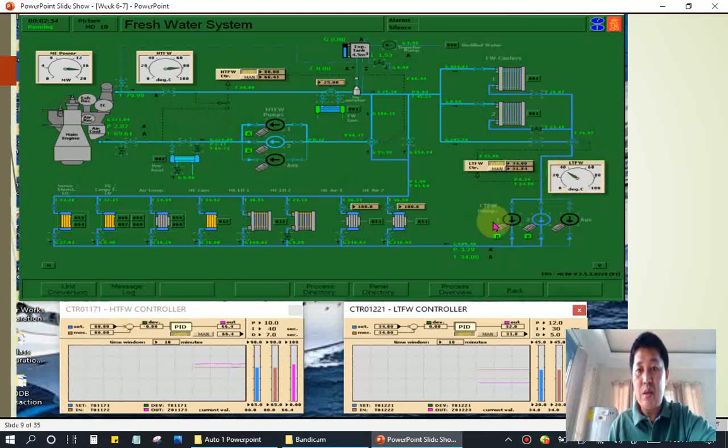The same goes for the low temperature press water: if you put the set point here at 35 degrees Celsius, it maintains the temperature of the press water in this circuit at 35 degrees Celsius because this is set to automatic. So these are applications of the PID control, not limited to this system but also used in other systems.